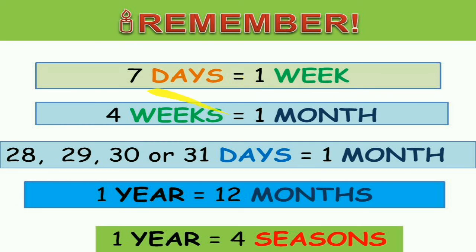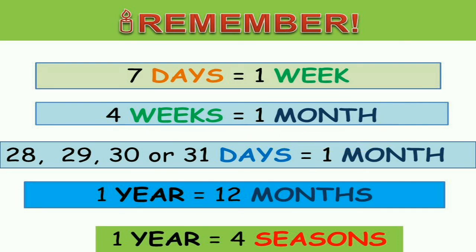So these 7 days are equal to 1 week. Then 4 weeks is equal to 1 month.